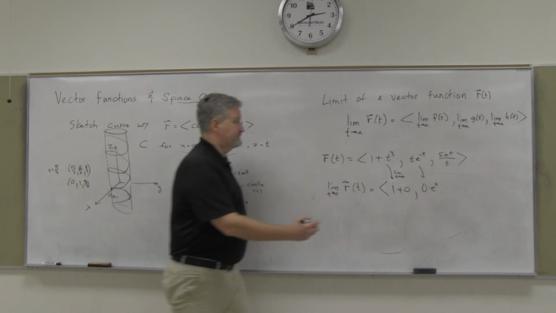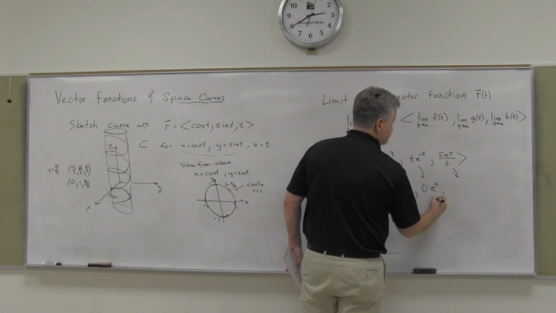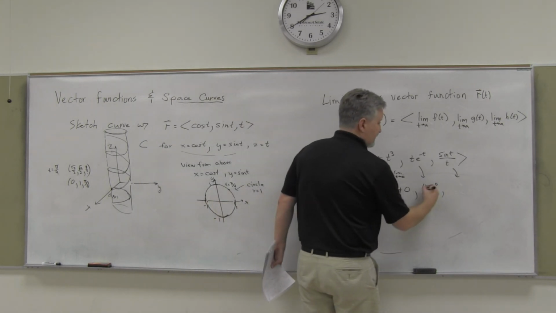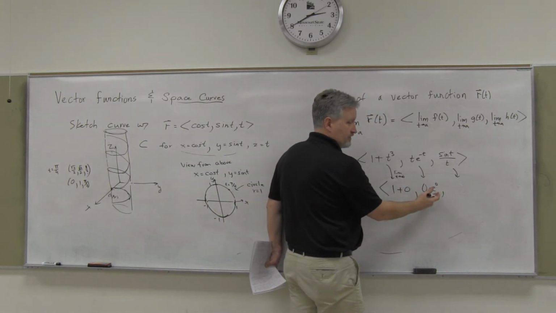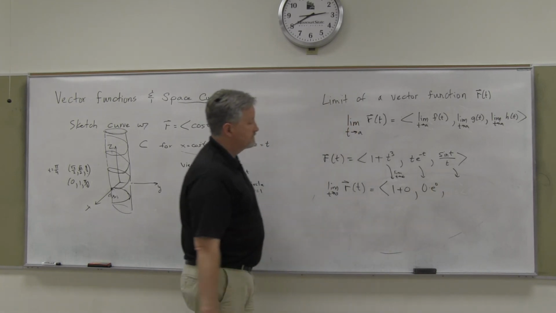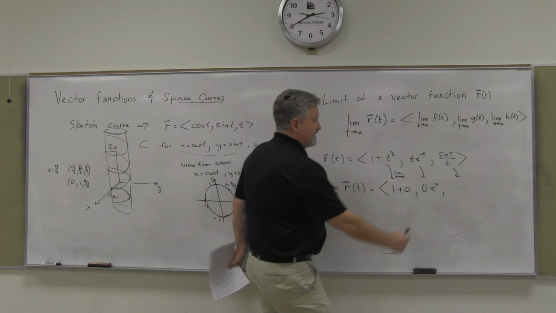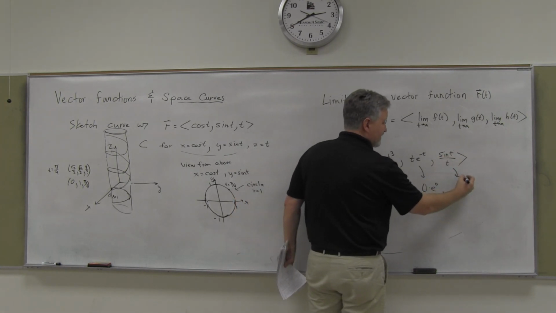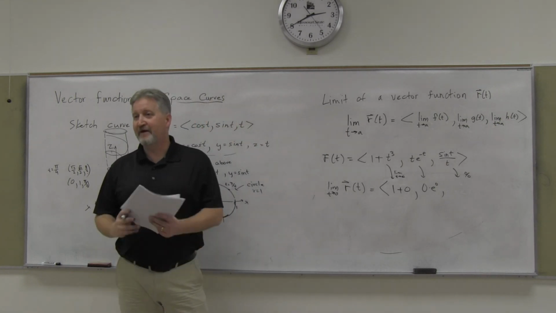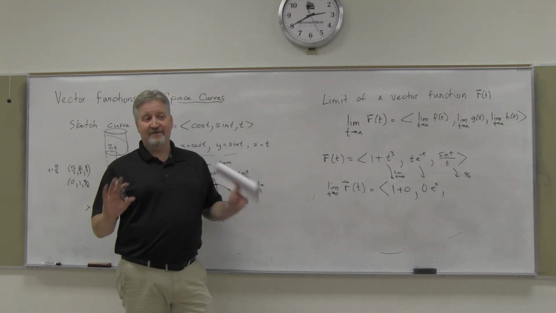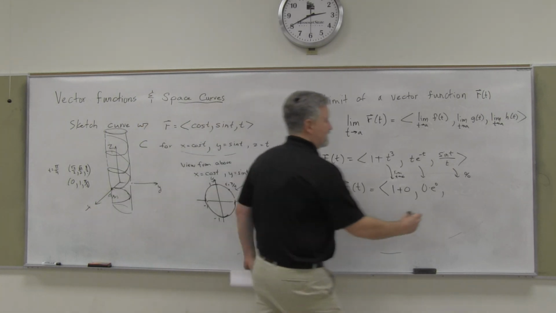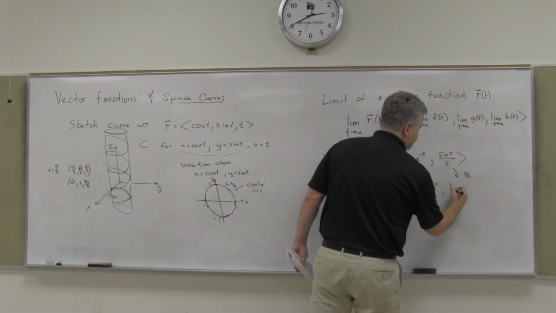Because what do we have here? 0 times 1, which is 0. But here I get 0 over 0, don't I? Indeterminate. Sometimes you run into those indeterminate forms, and we like when we run into 0 over 0 because that's L'Hopital, isn't it?